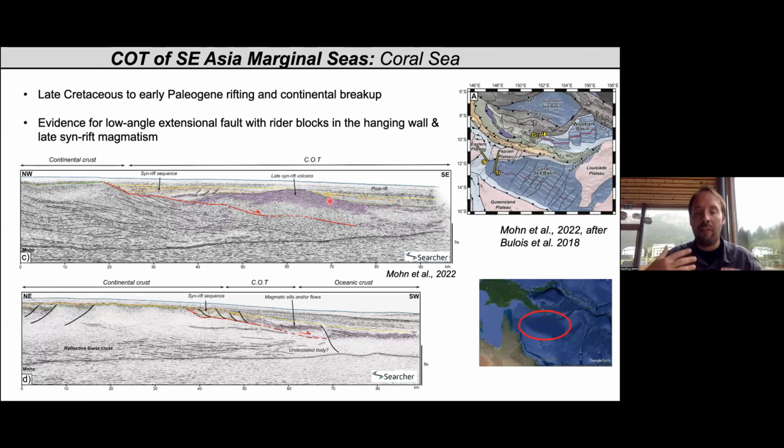So meaning that it has to be placed at the latest syn-rift, early post-rift. But in the South China Sea, we have very good drilling control to say that this magmatism is placed at the late syn-rift. That doesn't mean that you cannot have magmatism before, because some people describe syn-rift magmatism more continentward, but at least here in the COT, you have very late syn-rift magmatism.